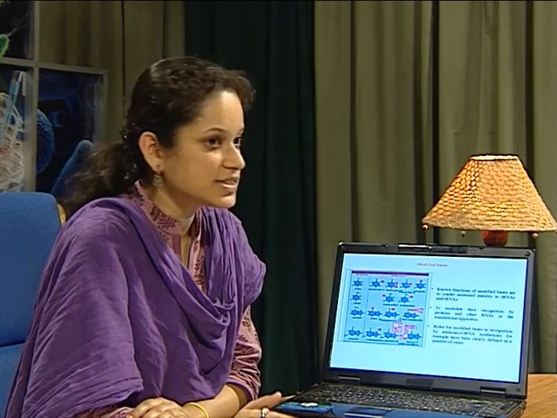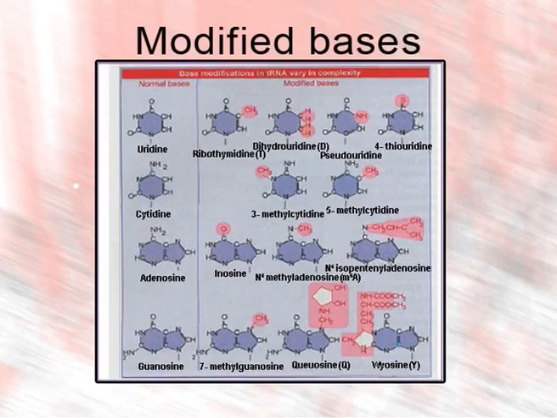In the normal condition, uridine gets modified to form ribothymidine or dihydrouridine or pseudouridine. Similarly, cytosine can get methylated to form 5-methylcytosine or 3-methylcytosine. We have adenosine under normal condition, which gets modified to form inosine.